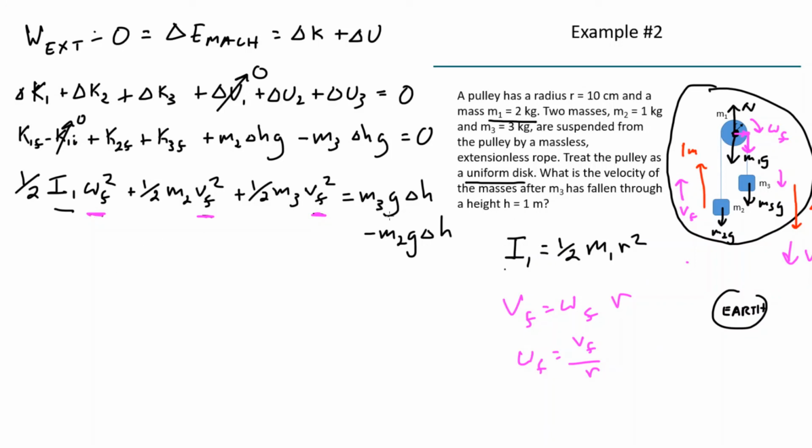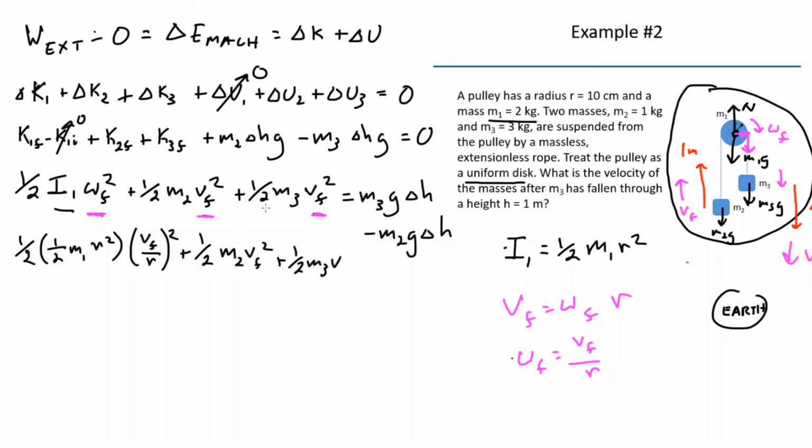And we can substitute these 2 equations back into our conservation of energy equation. So we get 1/2 of I1, which is 1/2 M1 R squared, times omega final, which is V final over R, squared, plus 1/2 M2 V final squared, plus 1/2 M3 V final squared, equals M3. Let's write this side.